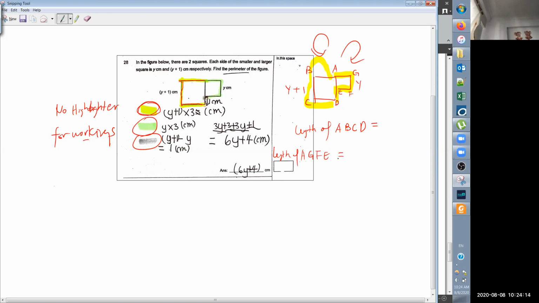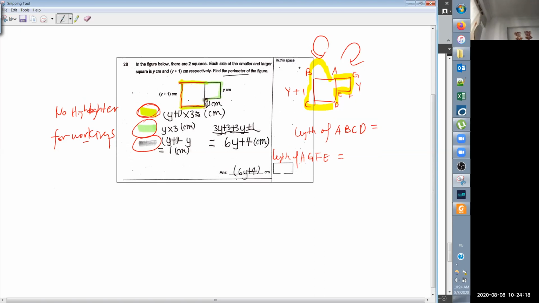Because you are not supposed to use highlighter for your workings. Workings, no highlighter. That means this part, no highlighter. This part you can use highlighter if you want, because they are not going to look at the question. If you want to highlight some important parts of the question, can you use highlighter? You can highlight.